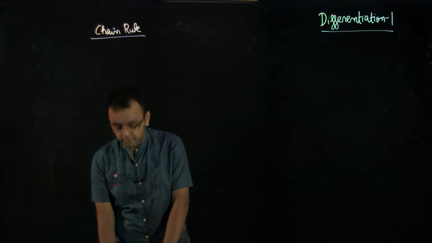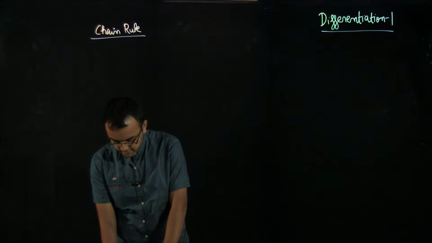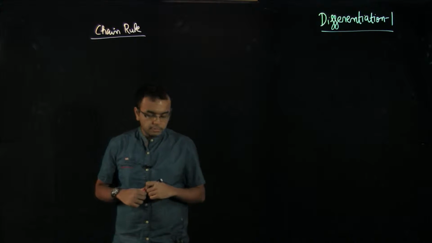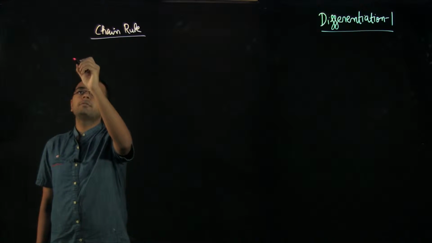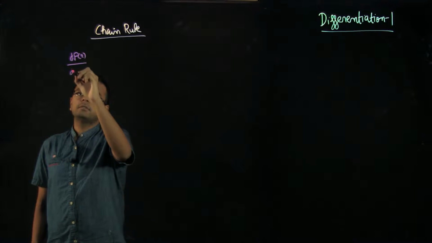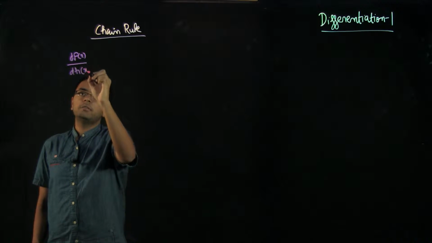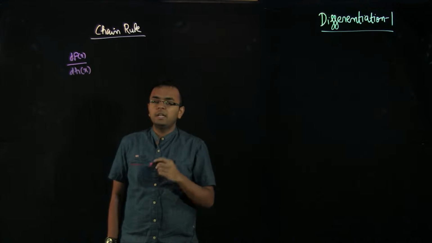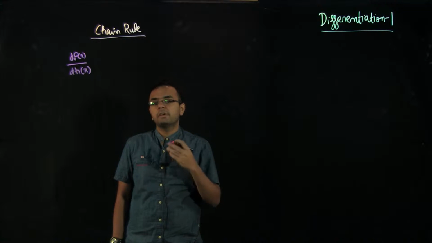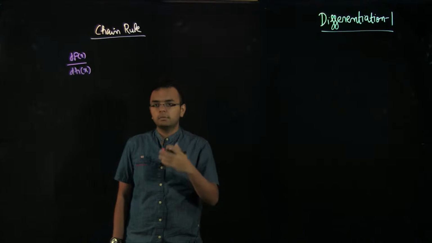In the previous video we have already discussed things like sum rule, product rule. So let us talk about chain rule. Chain rule says that if you have a function f(x) and you differentiate it with respect to h(x), what do I mean by d f(x) by d h(x)? I will talk about that in a moment. Till now we have already discussed d f(x) by d x.